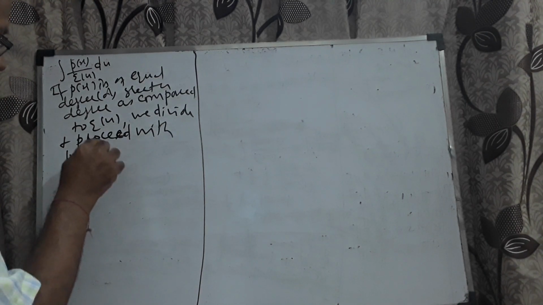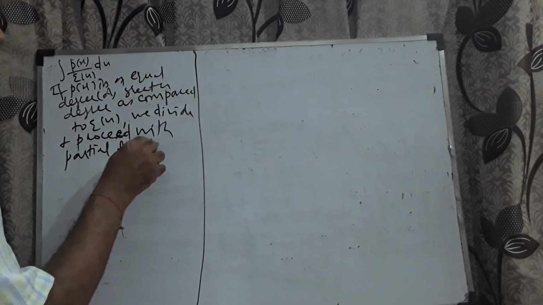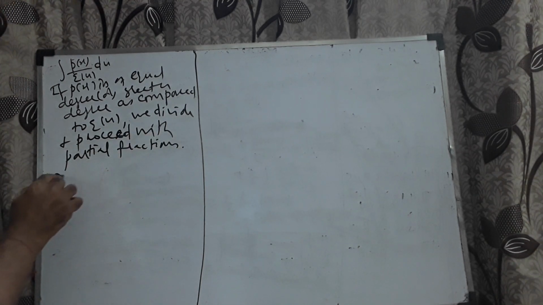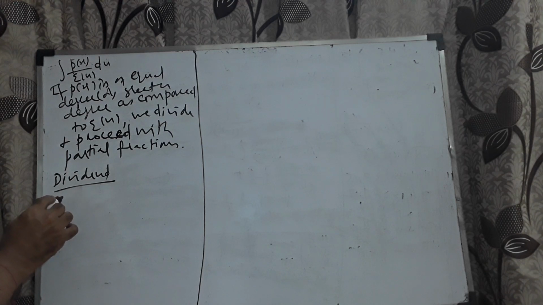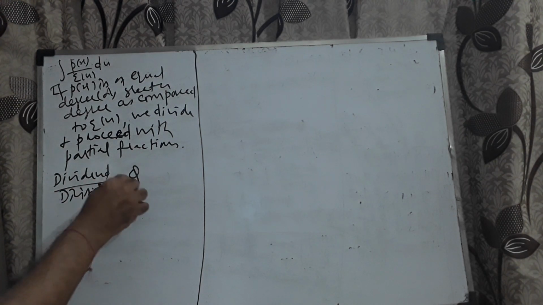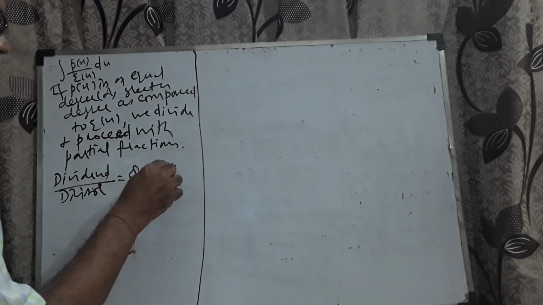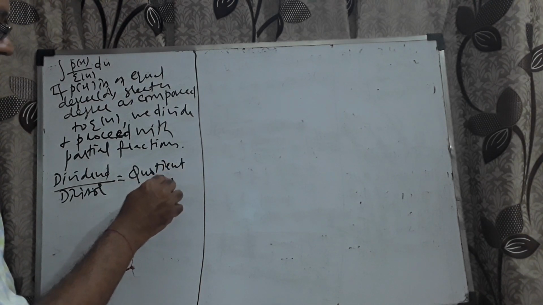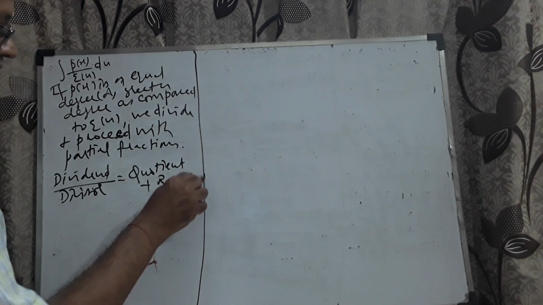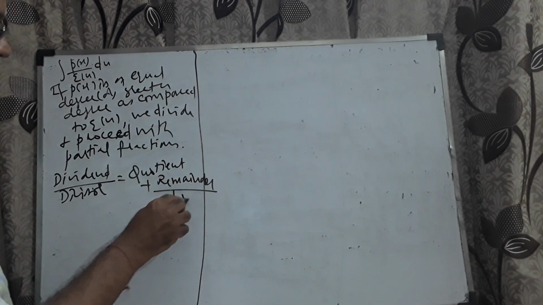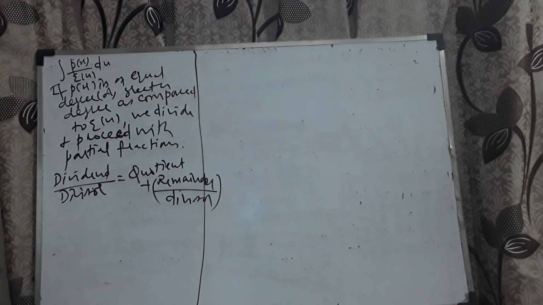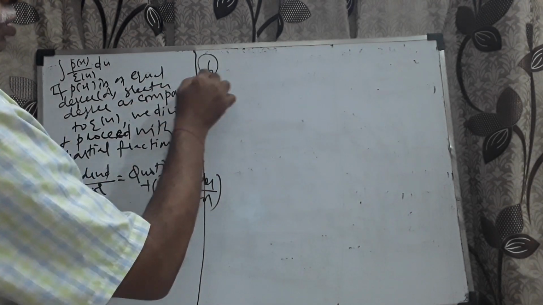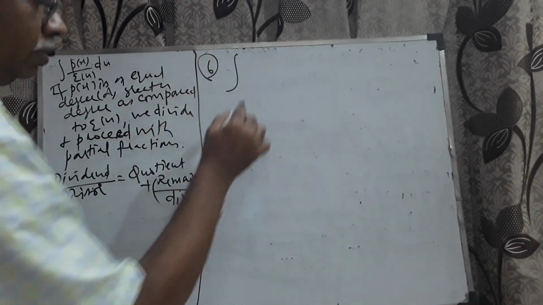It is a must. The rule we use here is dividend by divisor is equal to quotient plus remainder by divisor. That is what I am supposed to use. The next problem is under this particular format.